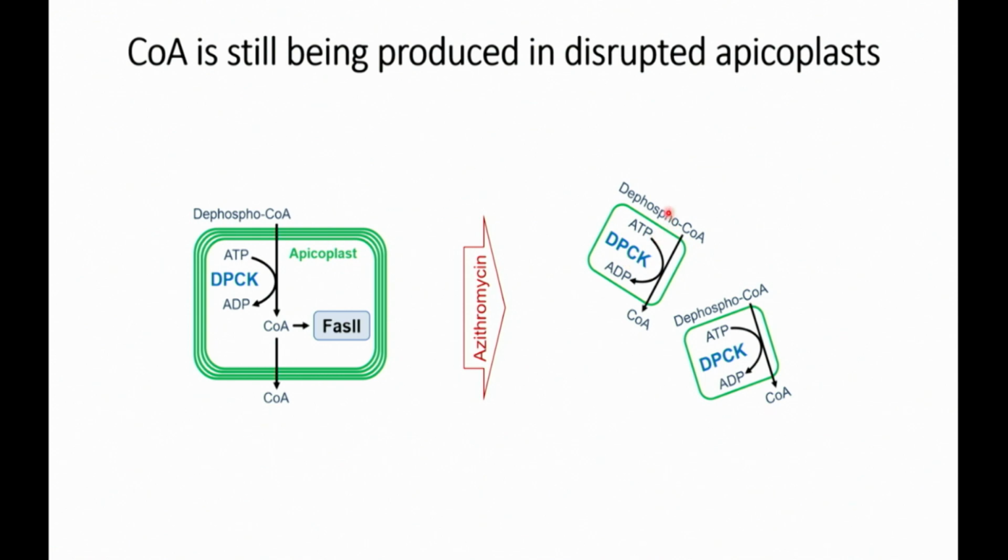And so it's interesting because those vesicles must have some way to import dephospho-CoA, which is a big molecule and quite charged, so it wouldn't diffuse into these vesicles without some assistance, nor would CoA be exported without some assistance. It also indicates that there must be an ATP source. So that indicates that there's a lot of functionality in these apicoplast disrupted vesicles.